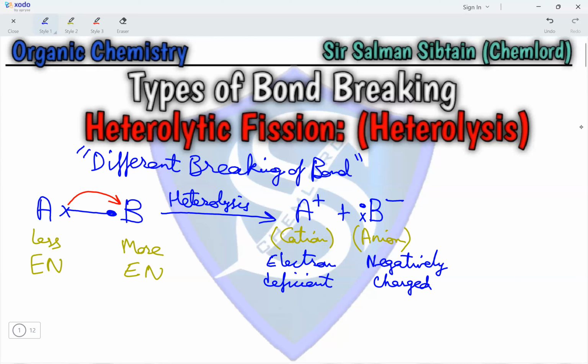So an electron deficient species and a negatively charged or electron rich species have been produced.